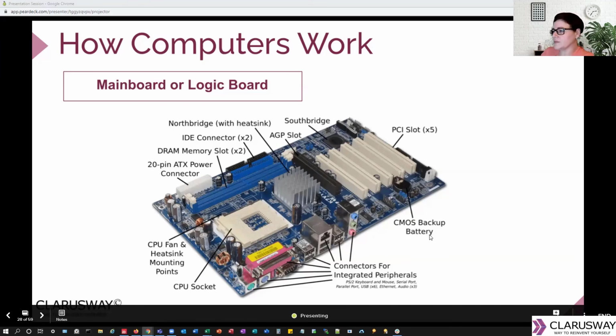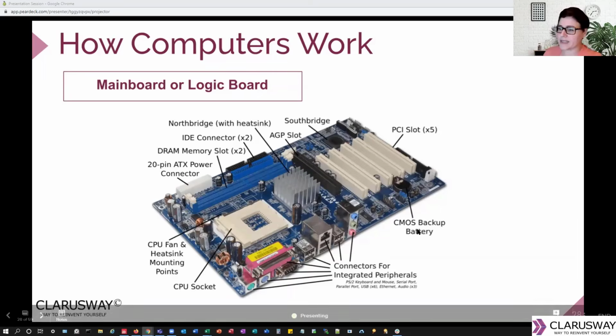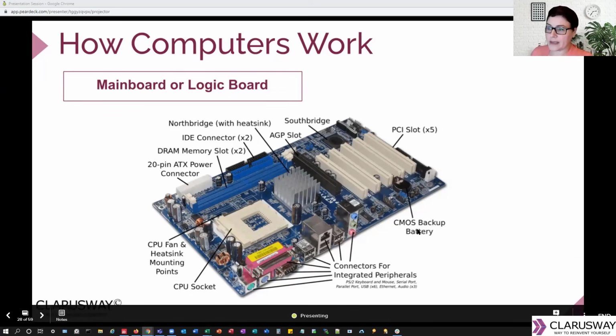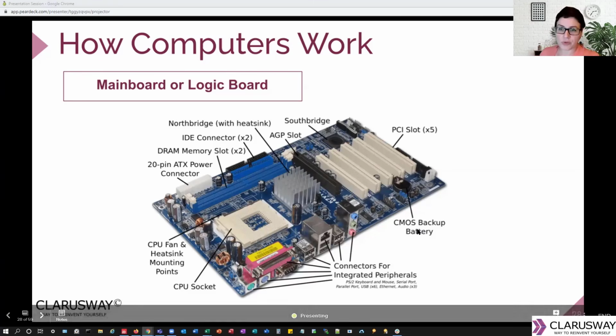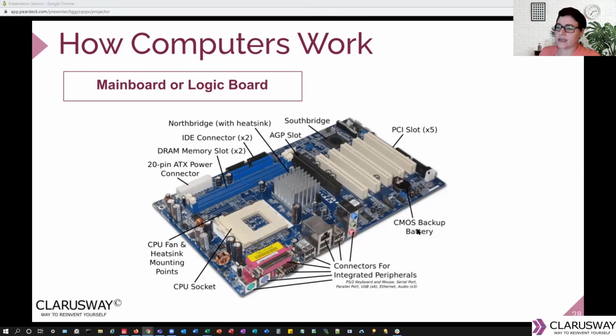You have something over on the right here, which is the CMOS battery backup. We talked about with computers and memory that, especially in the case of RAM, if your computer loses electricity, essentially anything in RAM is lost. It's temporary memory. It's only stored there when electricity is on.